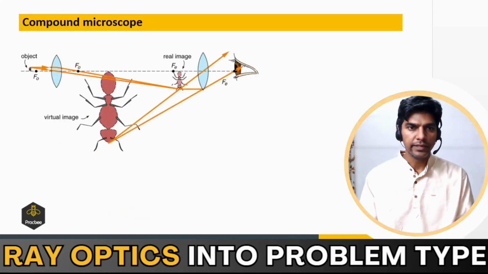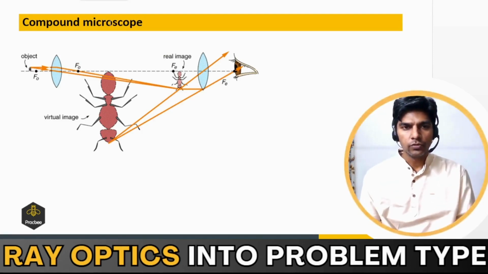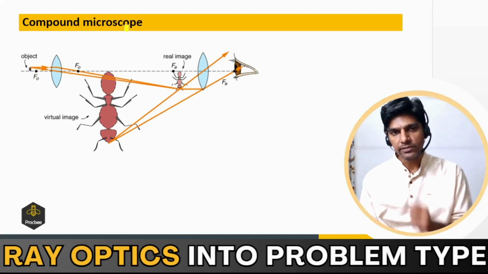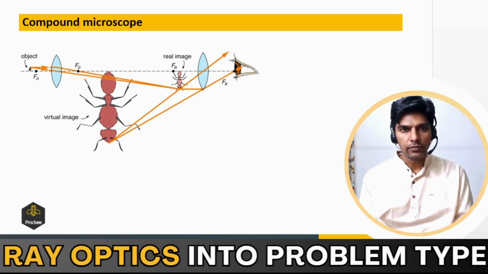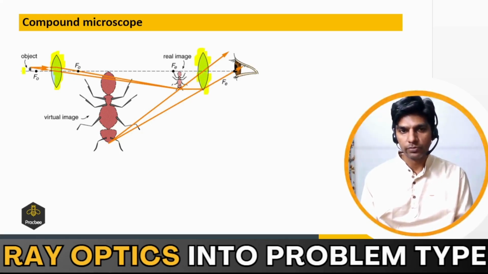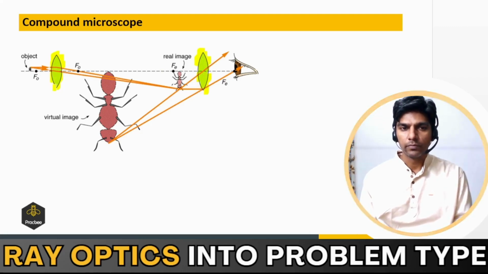Now let us see the next problem type, and it is based on the compound microscope. So what happens in the case of a compound microscope? We have two converging lenses. This one is the objective, and this one is the eyepiece, which is closer to the eye. The objective is closer to the object, right? And in this case, the aperture of the eyepiece is greater than the aperture of the objective.